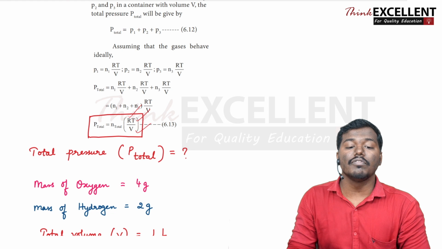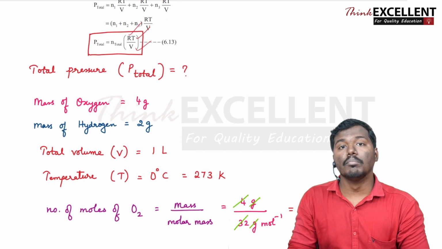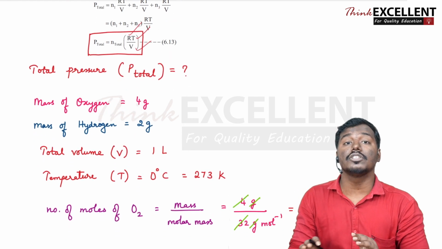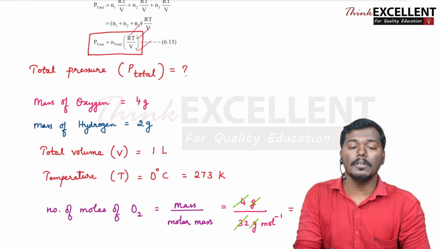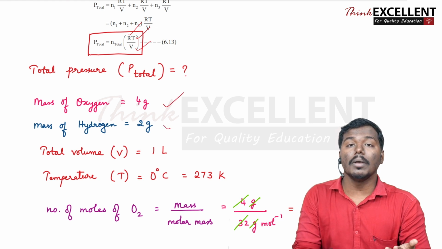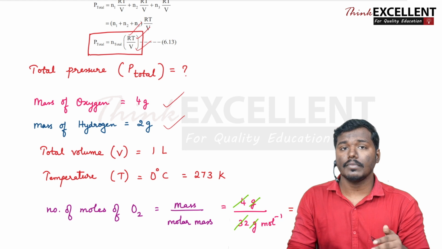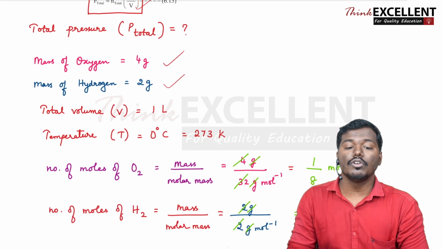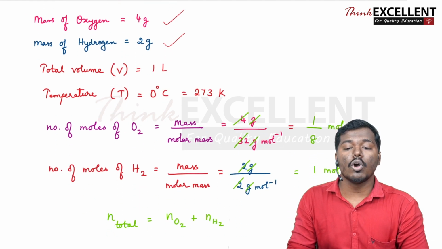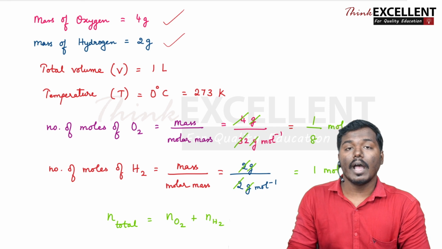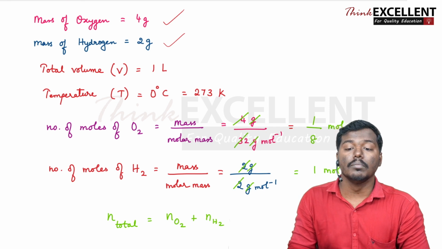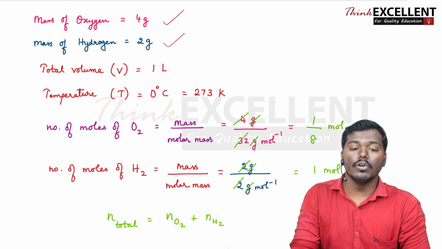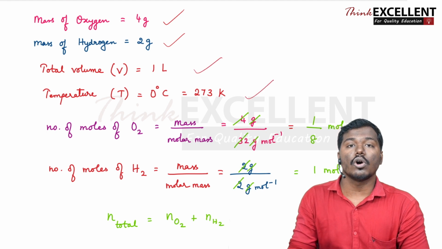So here we have to find out the number of moles which is present in the mixture, that is the total number of moles. அப்ப oxygen and hydrogen ரெண்டுத்தோடைய mass கொடுத்துட்டாங்க எவ்வளவு இருக்கு and the mixture, right? So we have to find out the number of moles of the oxygen. When you find out using the formula mass by molar mass, you will get 1 by 8 mole. For hydrogen, when you find out, you will get 1 mole. So நம்மளுக்கு volume தெரியும், temperature தெரியும், gas constant தெரியும்.